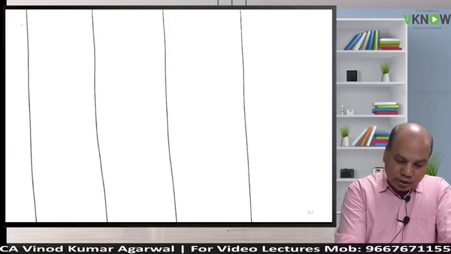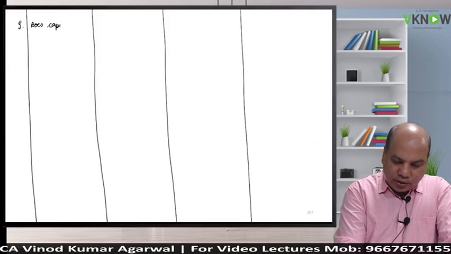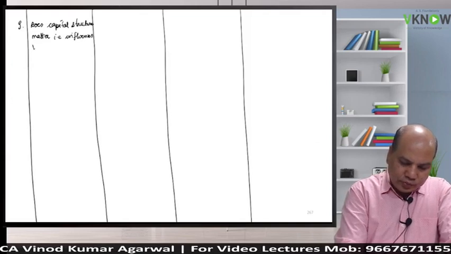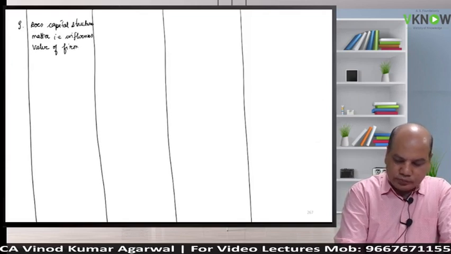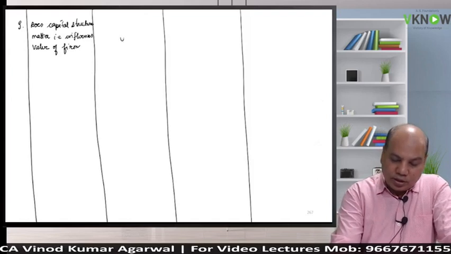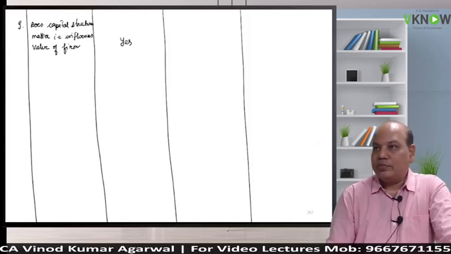Point number 9, write down. Does capital structure matter? That is, does capital structure influence the value of the firm? So the answer as per net income approach is yes.